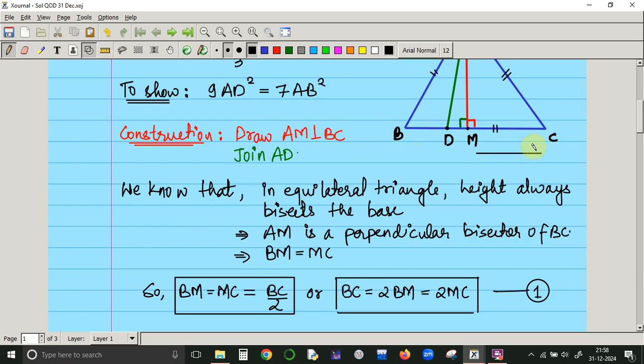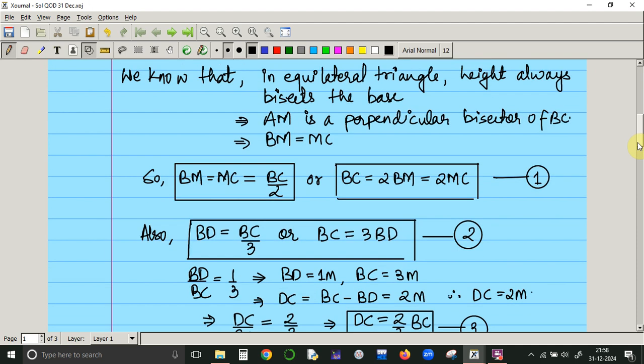Similarly, MC is also half of full BC. This is what I have written over here. In reverse manner, we can say that BC is double of BM or double of MC. So I have given this equation label 1.